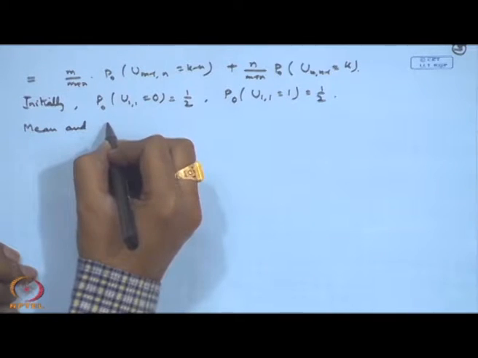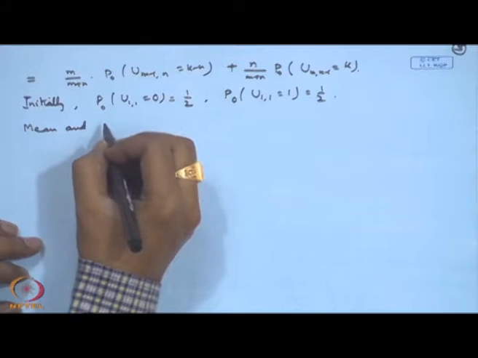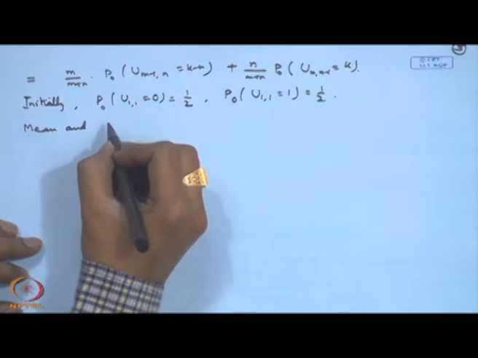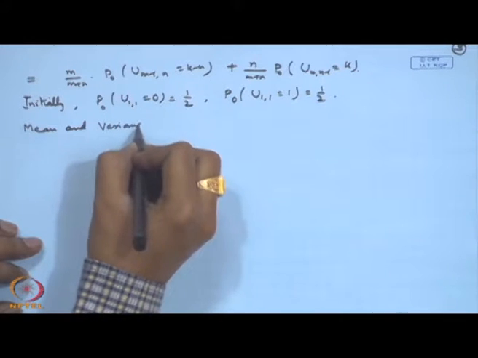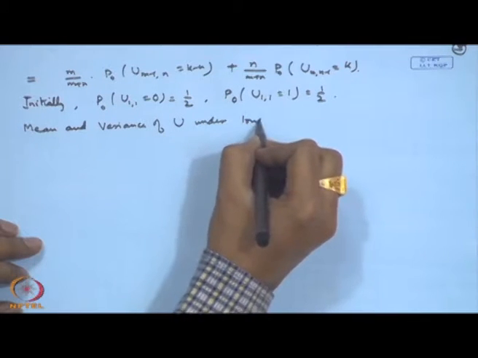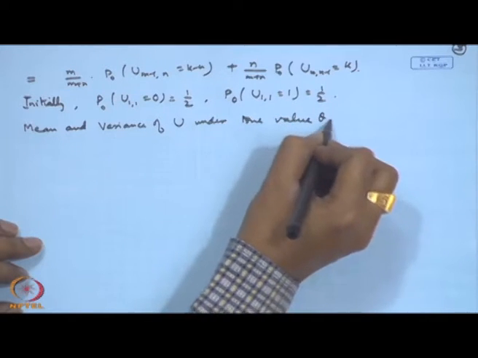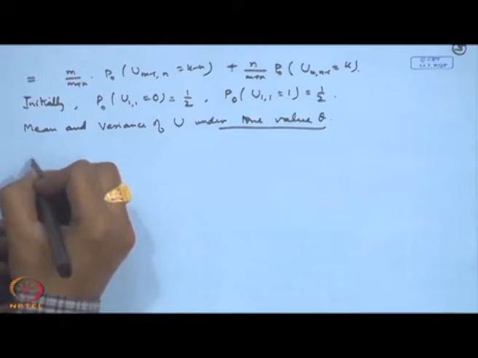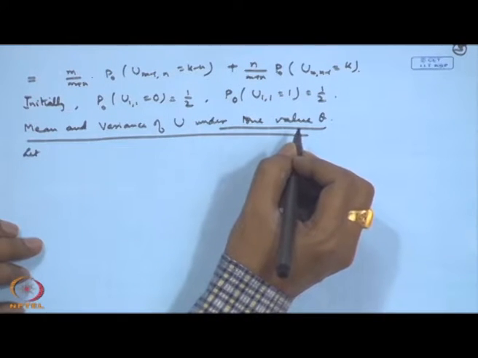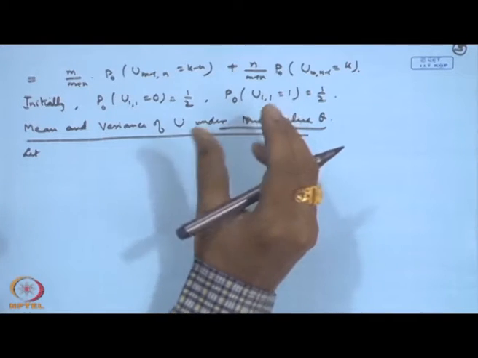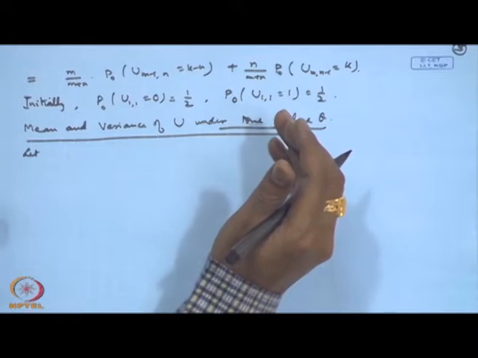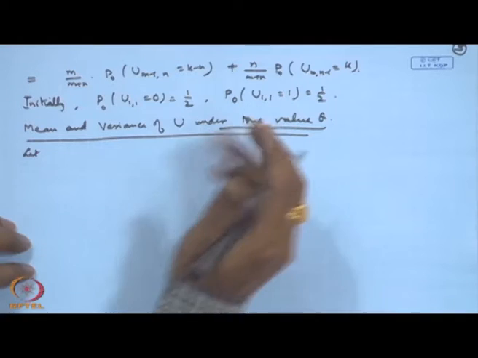Now, let us look at the mean and variance of the U statistic under the general hypothesis, that means, when the true parameter value is theta. Since it depends upon the probability of Y_j less than X_i, or when we have two, Y_j less than X_i and Y_k less than X_i, or Y_j less than X_i and Y_j less than X_h, we have to give some notation to that.